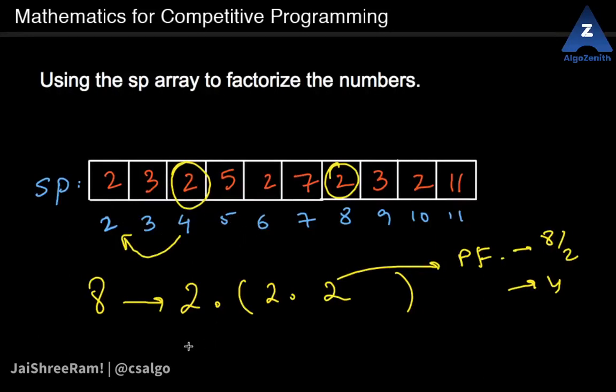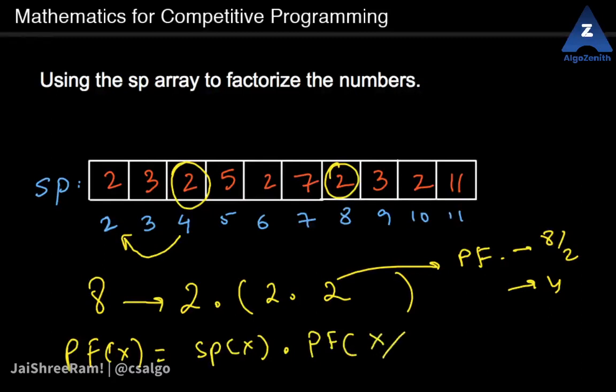So basically the recursion is: prime factorization of some number x would be equal to the smallest prime of x multiplied by the prime factorization of x by sp of x, right? Is this clear? This is the whole idea we are trying to use in this logic, and we know that this would terminate in log n number of terms, because there are at most log n prime factors for a number, right?